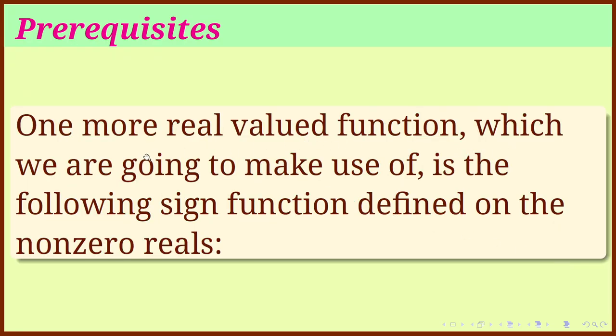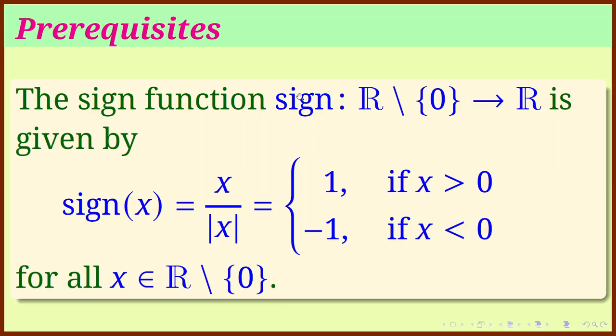One more real valued function which we are going to make use of is the following sign function defined on the non-zero reals. What is it? The sign function, which is also denoted by sig, from R minus 0, so non-zero reals, to R is given by sign(x) equals x by absolute value of x, which is equal to 1 if x is positive, minus 1 if x is negative, for all x in non-zero real numbers.